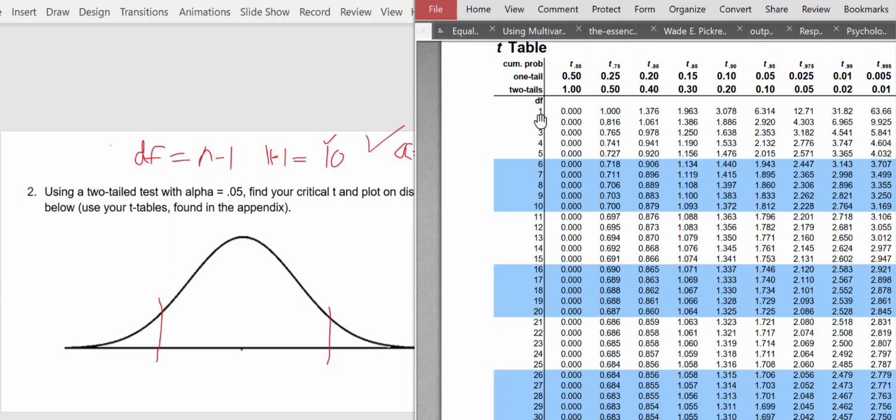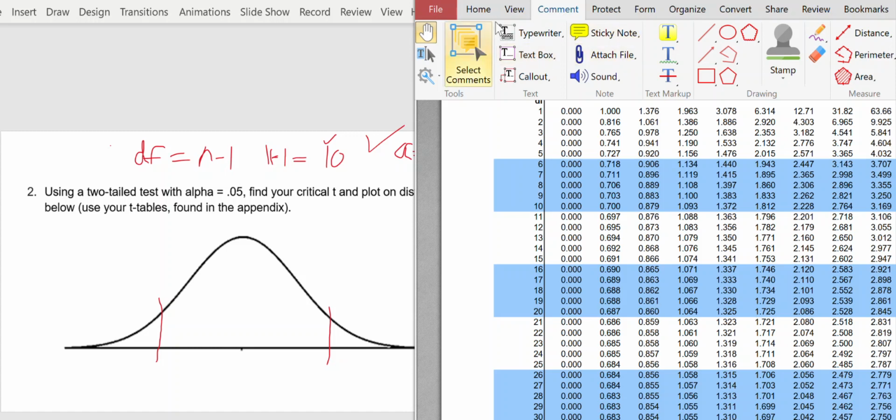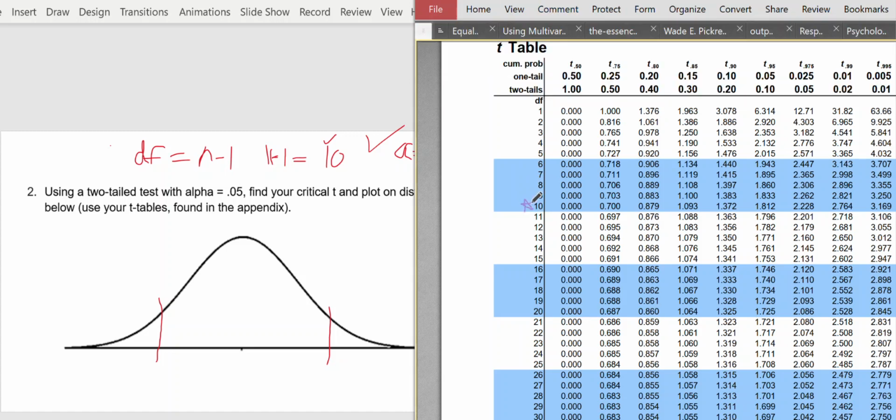We want to get to 10 degrees of freedom. That's where we got our calculation from. So we're at 10 degrees of freedom here. And with this 10 degrees of freedom, we're going to go into where we see the alpha 0.05 intersects with this.